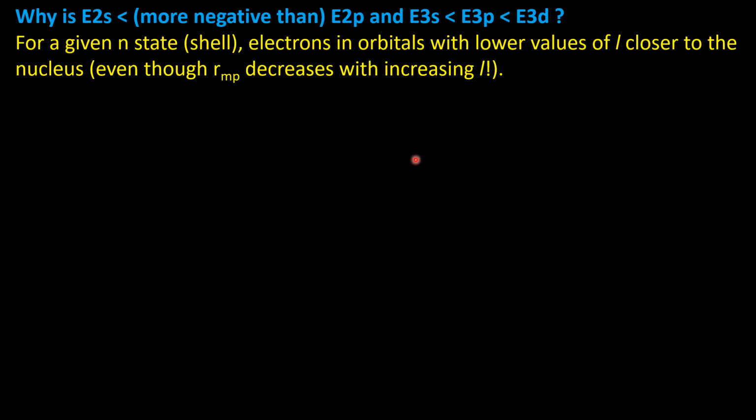But we are not going to discuss the most probable radius. Here we will discuss the shielding effect, that is, how the shielding effect has its impact on the orbital order, or how we can order the orbitals in terms of energies and in terms of shielding effects.